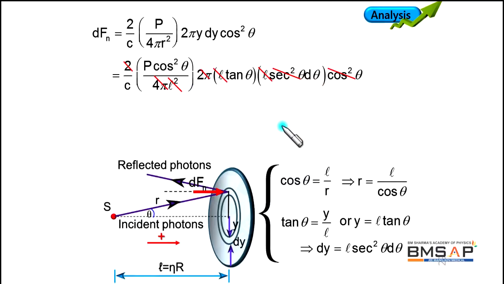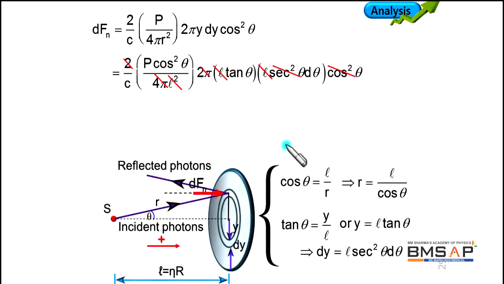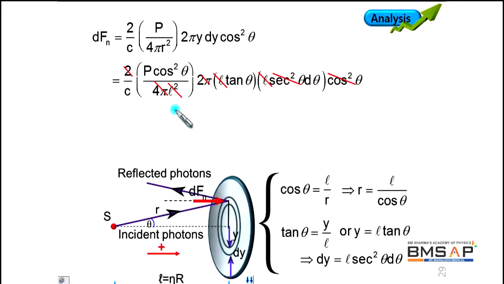So finally we are getting a very simple relation, that is dFn equal to P divided by C, and here you can observe cos square theta multiplied by tan theta, multiplied by d theta.